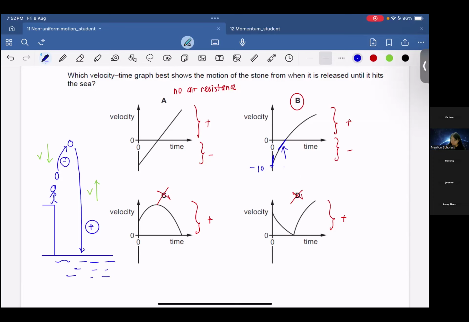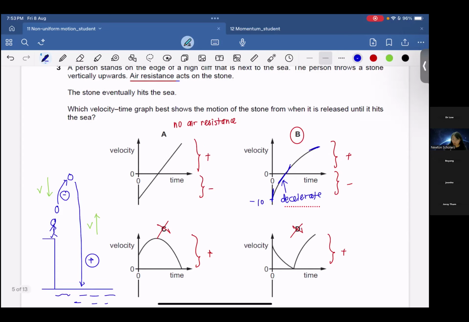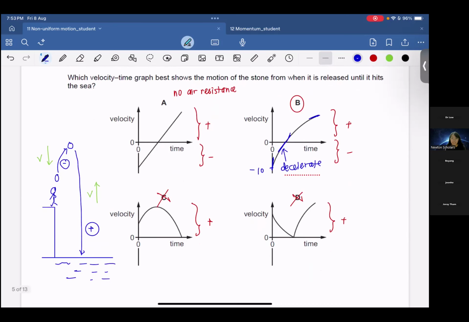That means this part is decelerating, slowing down. This part is because of the air resistance. If you choose A, that one is without air resistance, that would be correct. But the question said that we have to consider air resistance, so you have to choose B. C and D are confirmed wrong because they didn't consider that the direction has already changed.